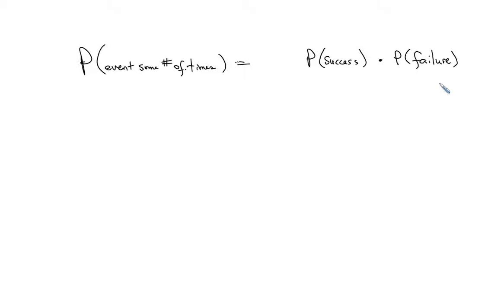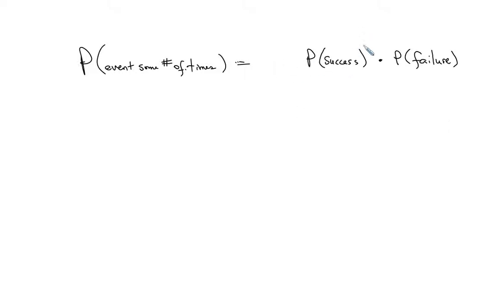But there's some extra stuff that has to come into play. So let's say we're going to do it n number of times. Okay? I'm sorry, we're not going to do it n number of times. We want that many successes. I'm not going to use n. That's going to make this more complicated. Let me do it this way.